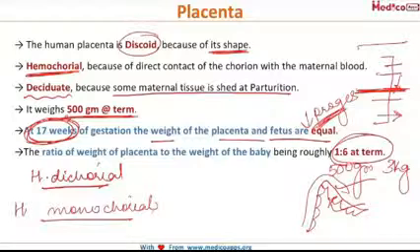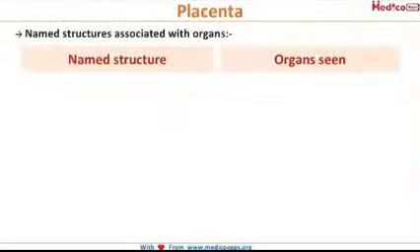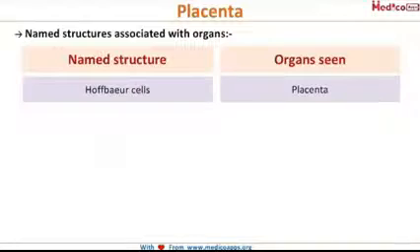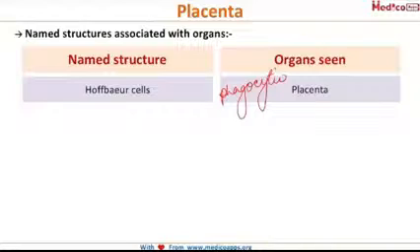Now let us discuss a few named structures associated with the placenta. Number one is Hofbauer cells. Now what are these Hofbauer cells? They are phagocytic cells which trap the maternal antibodies crossing the placenta, and thus they act as immunosuppressive.